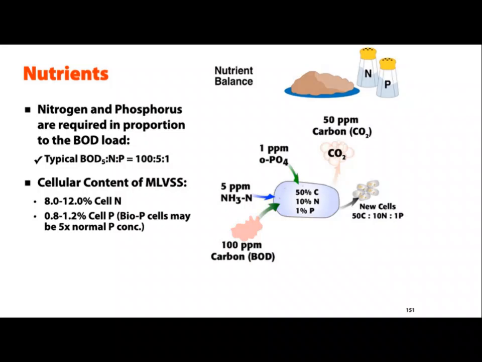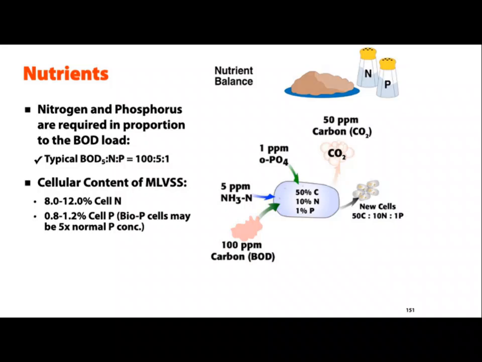If we look at a single bacterial cell on a dry weight basis, it's about 50% carbon, about 1% phosphorus, about 10% nitrogen. If you tracked 100 parts of carbon, and that carbon was assimilated by the cell, and the cell becomes 50% carbon, the other 50% goes off as CO2.